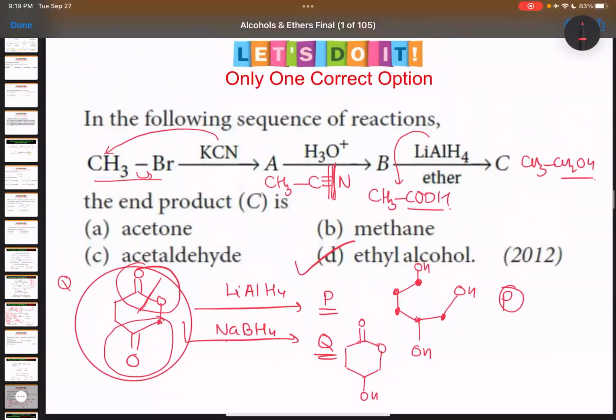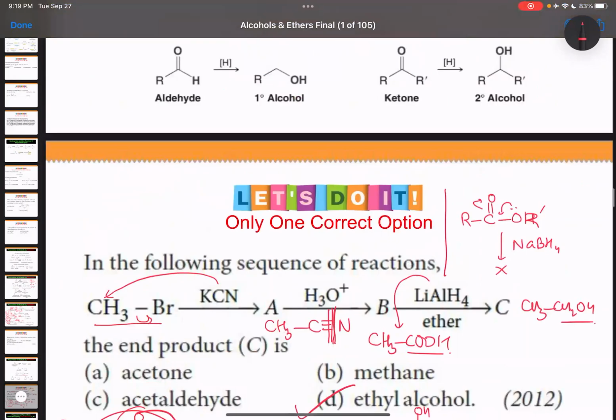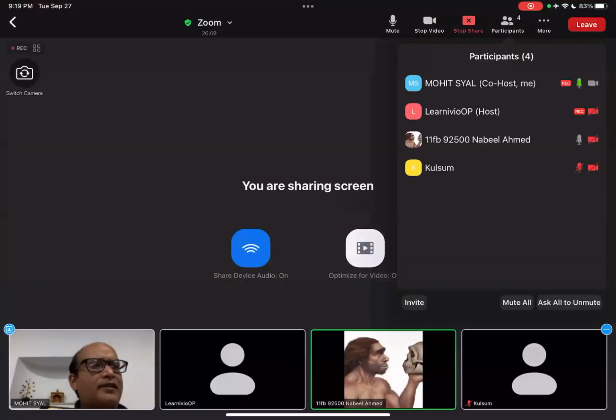There is one mild reducing agent used for the preparation of aldehydes and ketones. If you take ester, and if you took NaBH4, it will not be reduced because ester undergoes resonance, so it is less reactive. That's the problem with the ester.